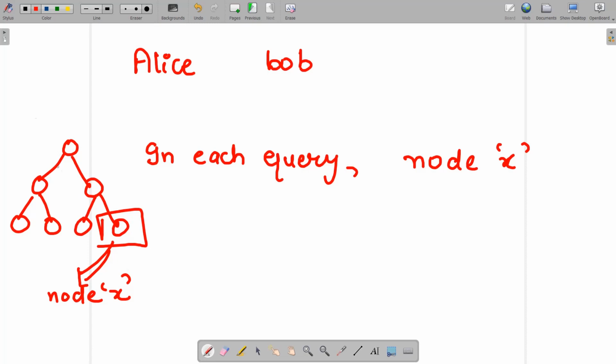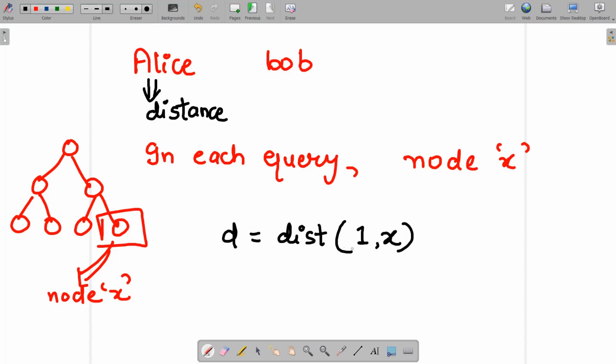So what Alice says to Bob is, in each query you will be given the node x, so Alice will give you the distance to reach the node x from the root node, which is node 1. So you will be given d equal to the distance from node 1 to node x, that will be given by Alice to Bob.